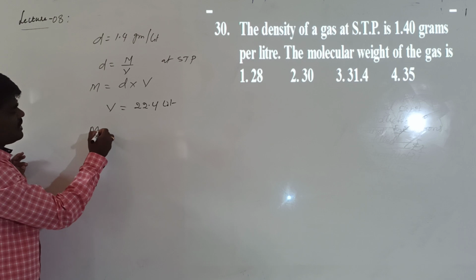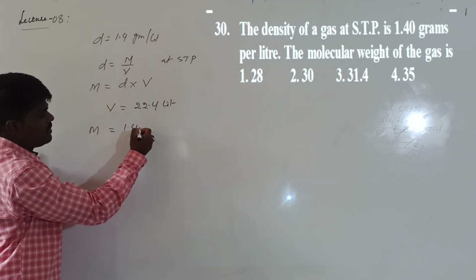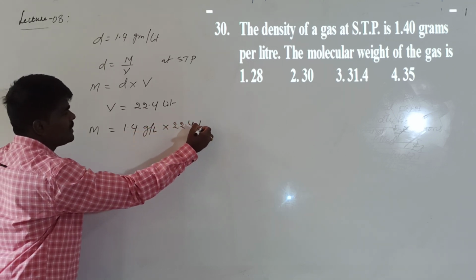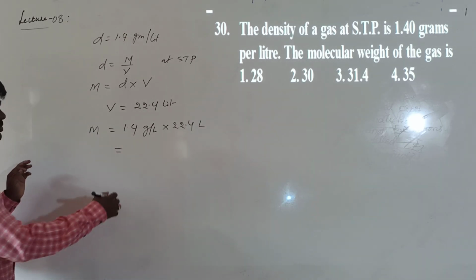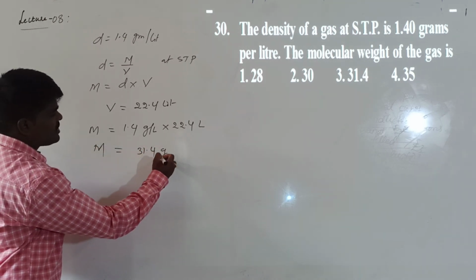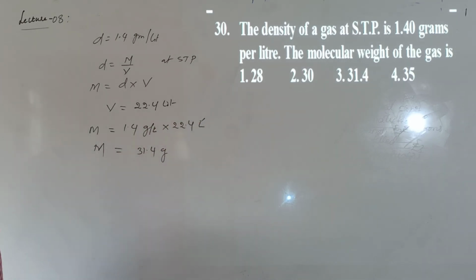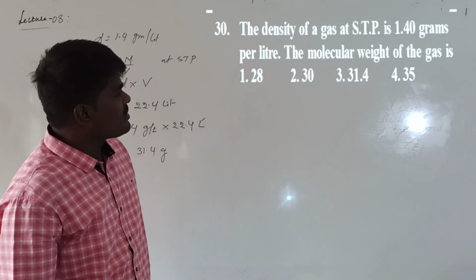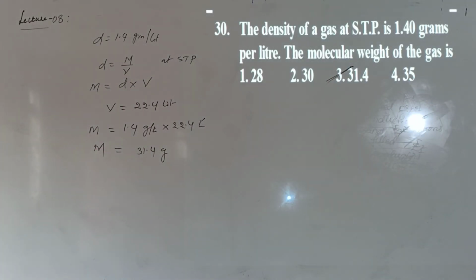So the molar mass will be 1.4 grams per liter into 22.4 liters. If you simplify, liters cancel. So the molar mass of the gas is 31.4 grams per mole.